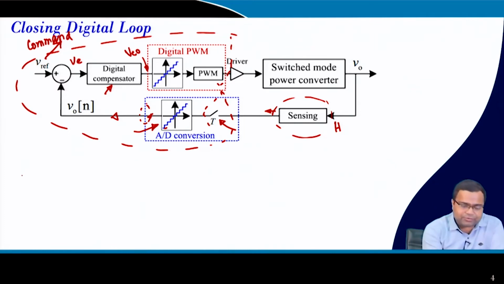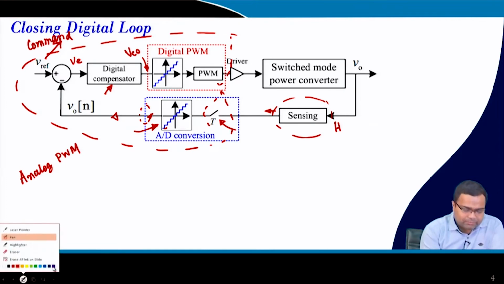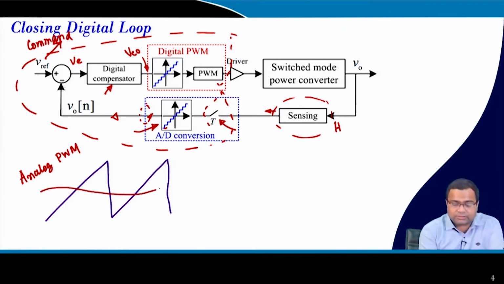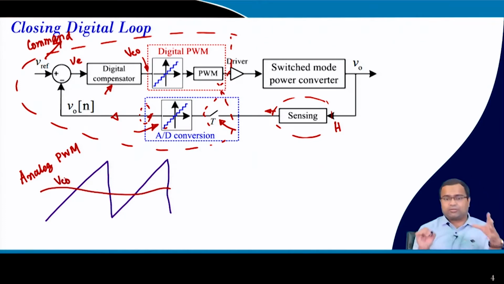For example, if we talk about analog PWM, in analog PWM we have a sawtooth waveform like this, and then we have a control voltage like this. So, this is my control voltage in case of analog.